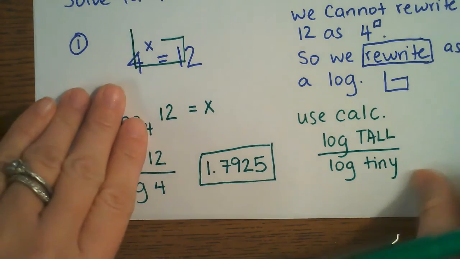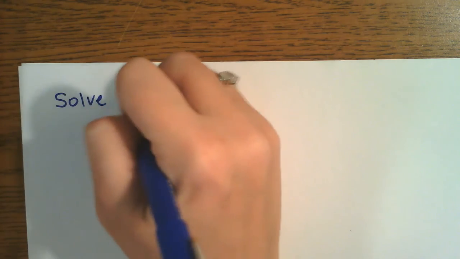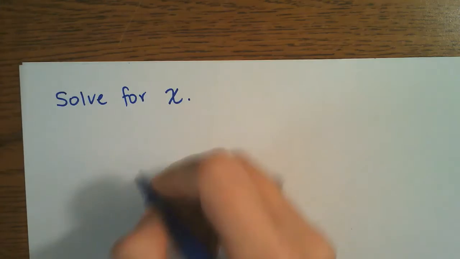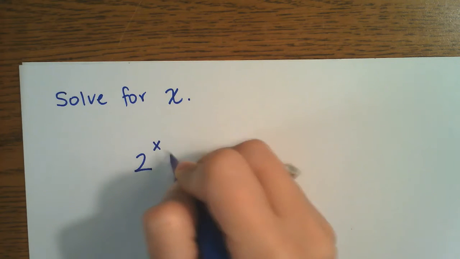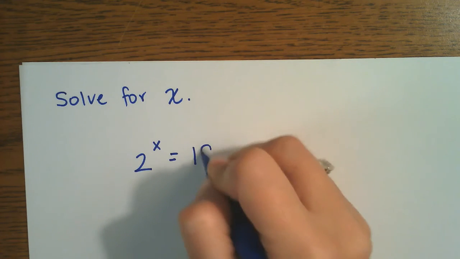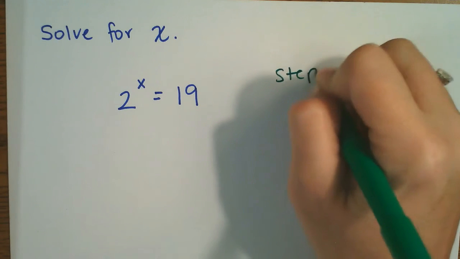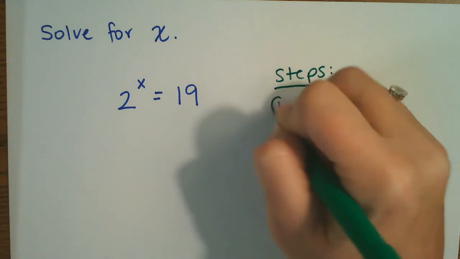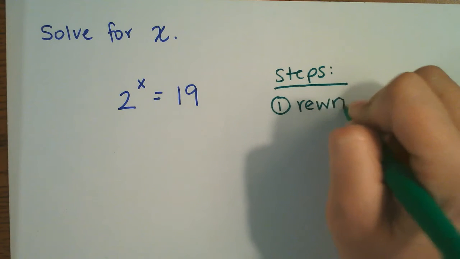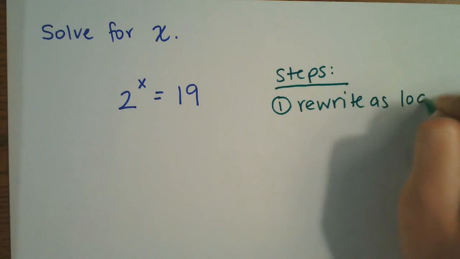All right, let's do it again. One more time. Solve for x. Let's do 2 to the x equals 19. So steps. First, we're going to rewrite as a log.